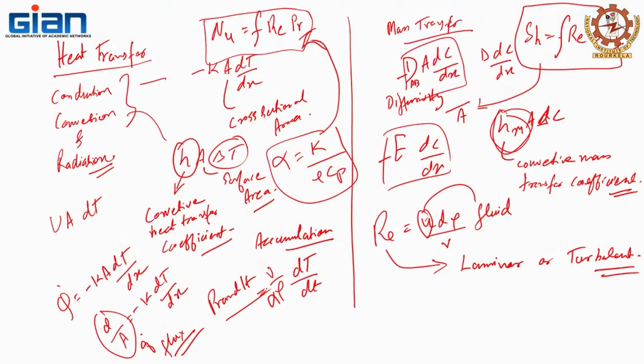What about the Schmidt number? So your Prandtl number is kinematic viscosity divided by heat diffusivity.